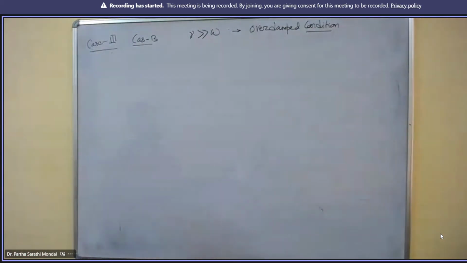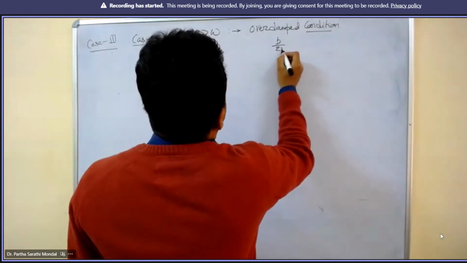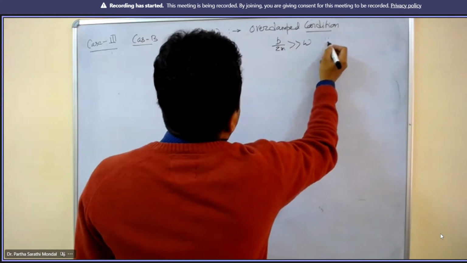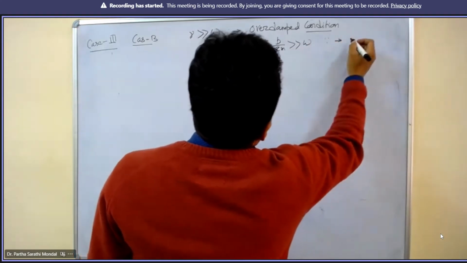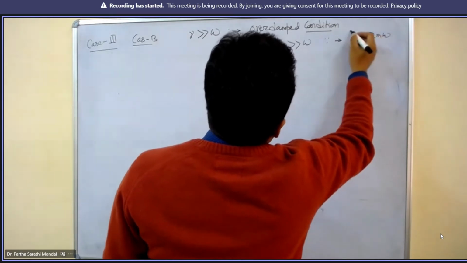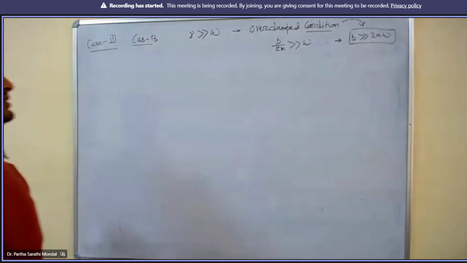Overdamped condition means the damping will dominate. So that means b by 2m is greater than or equal to omega, so b is greater than 2m omega. So this is the physical condition for overdamped oscillation.